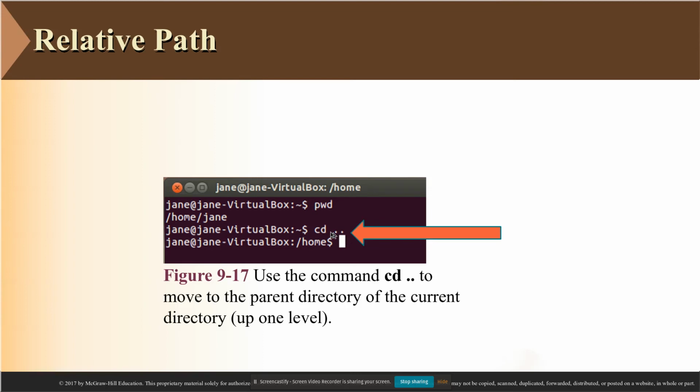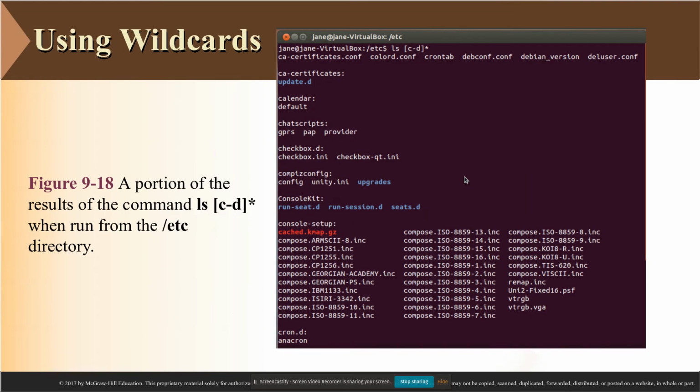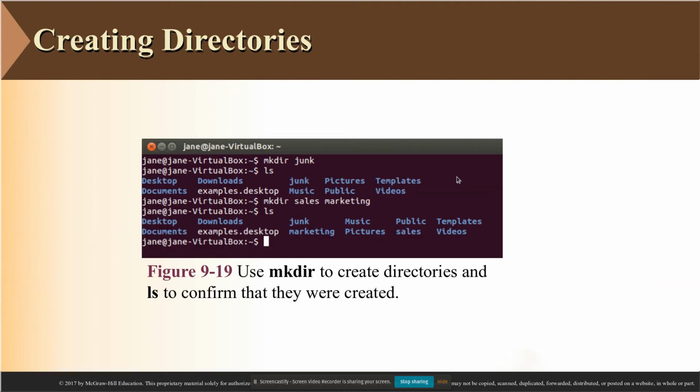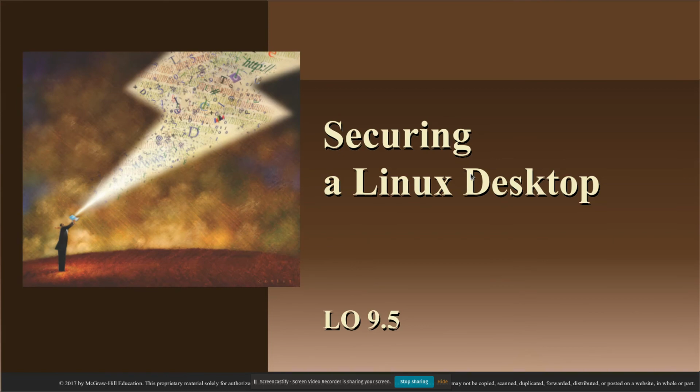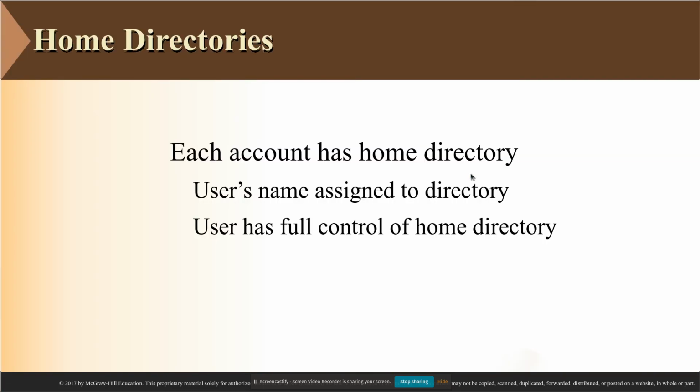And then the dot dot takes you up one level. So I'll skip the wildcards. You can look at this. Make directory mkdir, copy file cp, security. Pretty straightforward. You try to give each user control of their own home directory. That's important to know. That's going to be on the quiz somewhere.